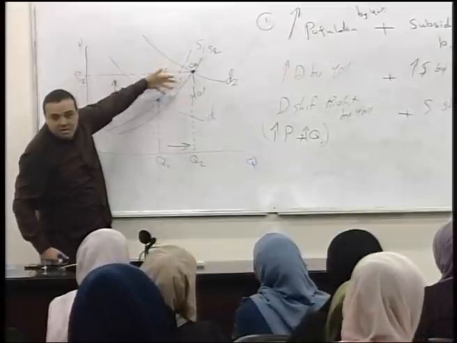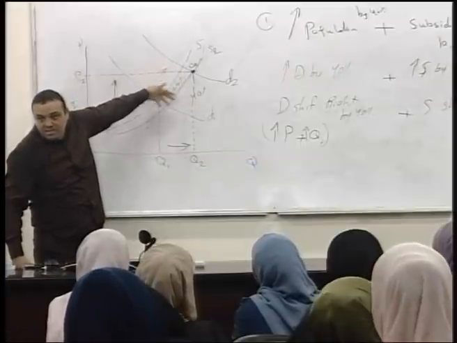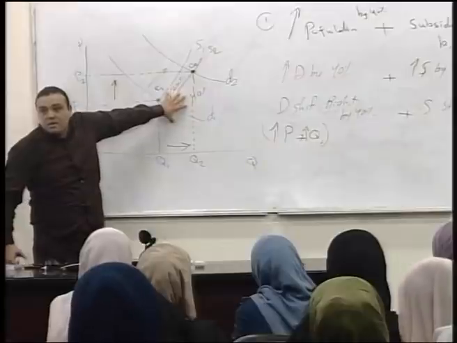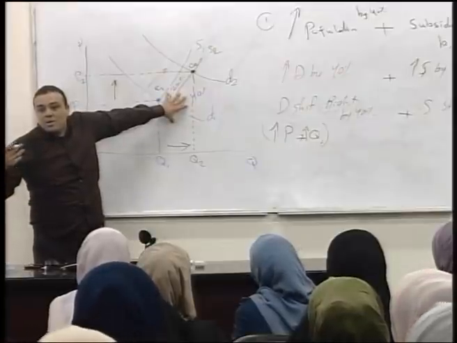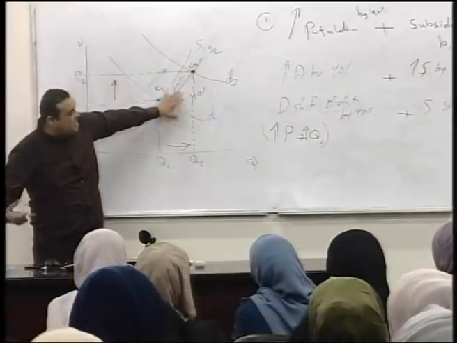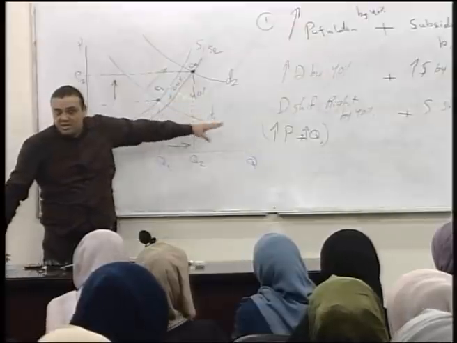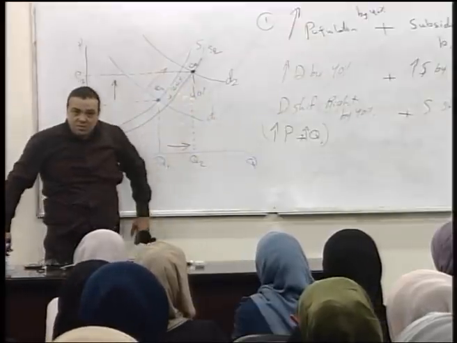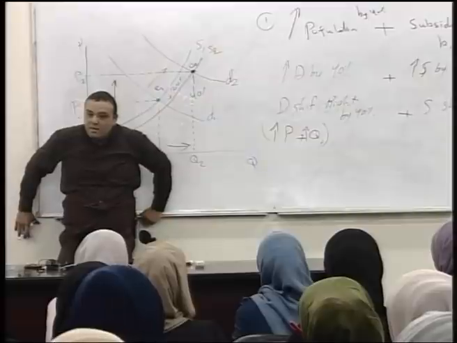What will happen to the market, the equilibrium prices and the quantity, if the demand changes and supply changes? What will determine the changes in the equilibrium prices and equilibrium quantities?